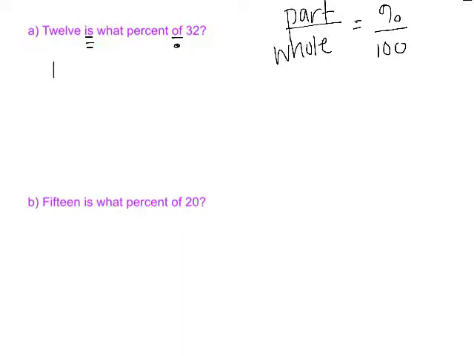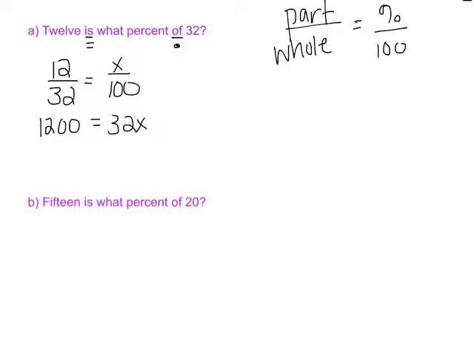So I'm going to have 12 over 32 equals my x over 100. And then I'm going to cross multiply. So I'm going to have 12 times 100, so I get 1200 equals 32x. And I know that I set my proportion up correctly because I have 12, and there's my equal sign, to the what percent of 32.